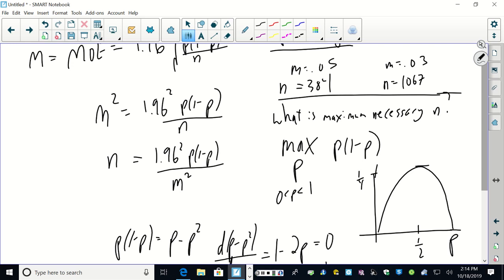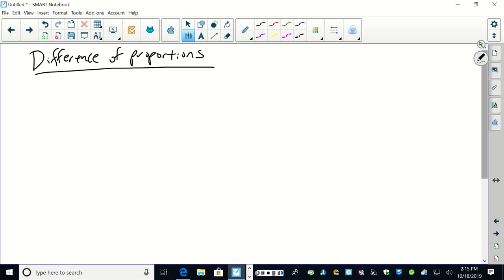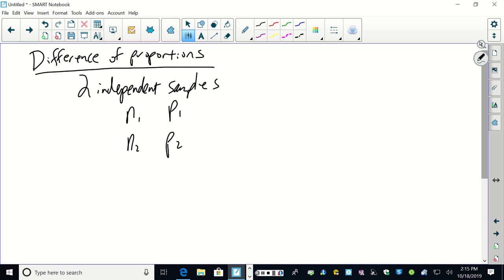The other thing that we can do with this is a difference of proportions. So if you have two independent samples, you had N1 from the first group and N2 for the second group. P1 is the proportion for the first group, P2 is the proportion for the second group.